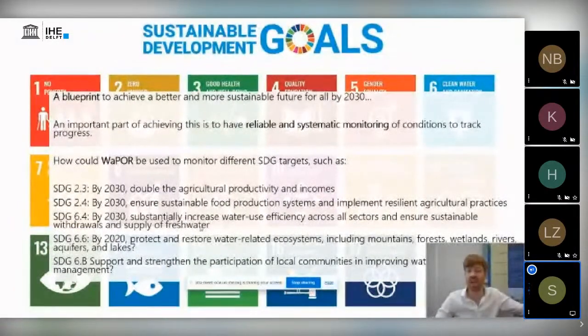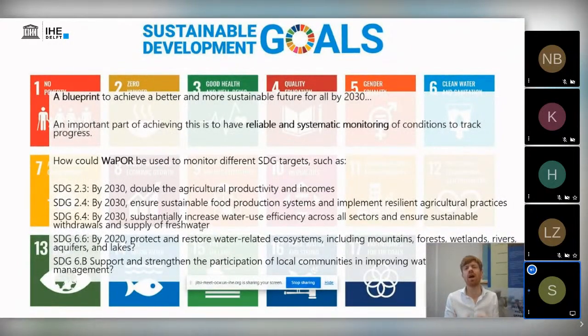These are looking at agricultural productivity, and hence income of smallholder farmers or big farmers, ensuring sustainable food production systems, but also looking at resilient agricultural practices. So how can these practices actually continue until 2030, but obviously also beyond.